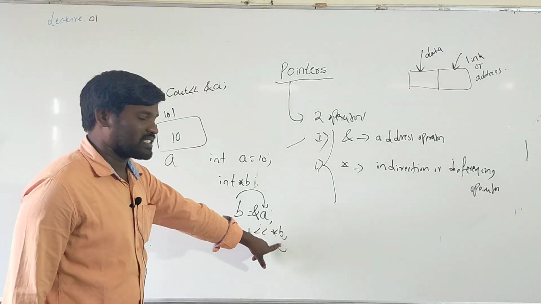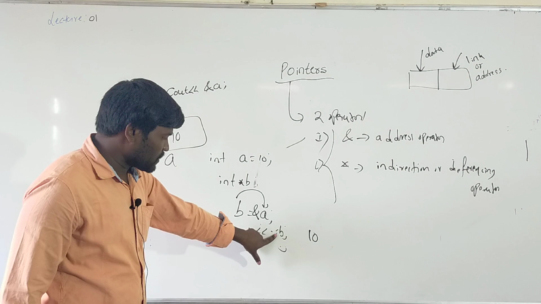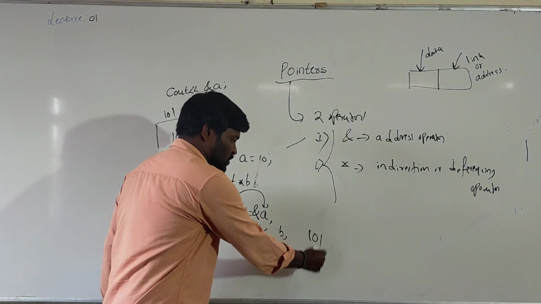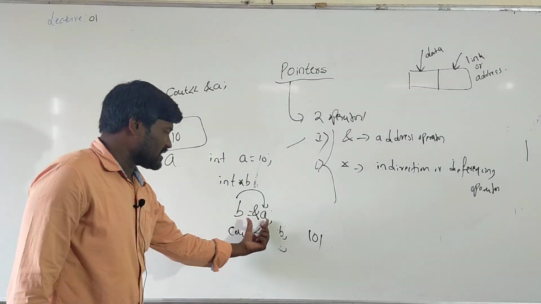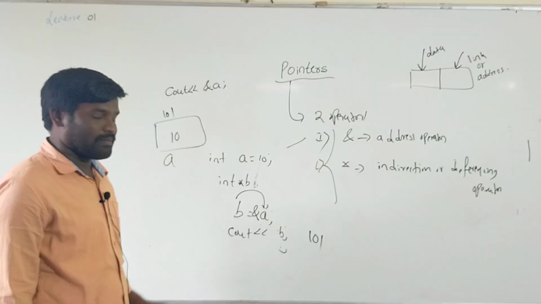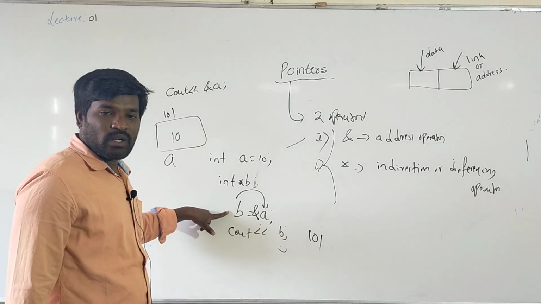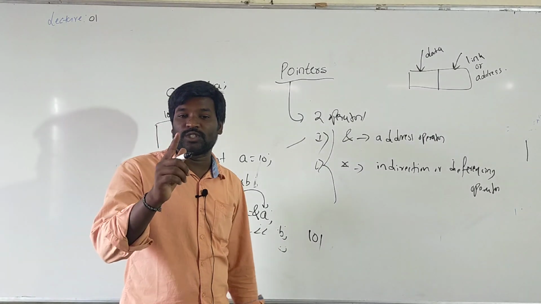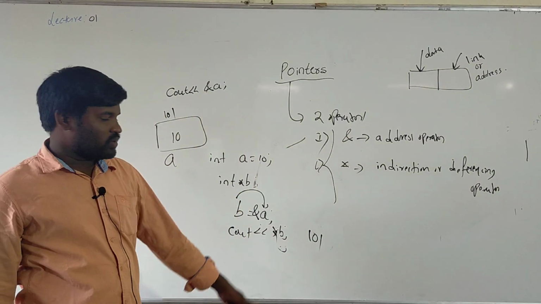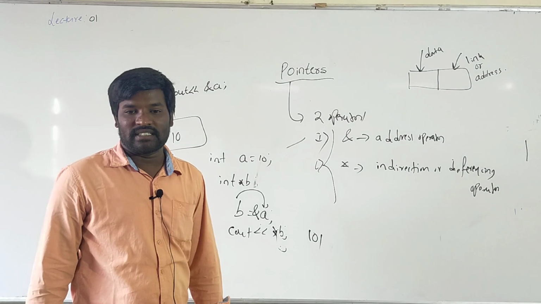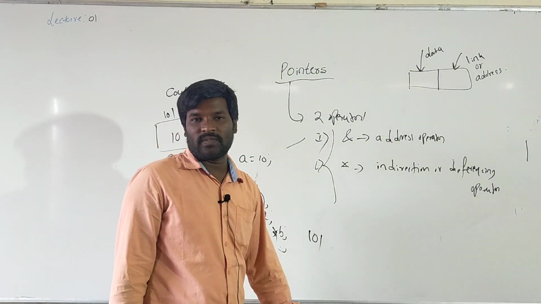Here cout of star B will print the 10. Suppose if I print only B, it will print 101, because B is equal to AND of A, meaning the address of A is stored in B. Address of A is 101, it is stored in B. Cout of B will print 101. If I want to print the actual value, star B is 10. Okay, so this is initialization of pointer.